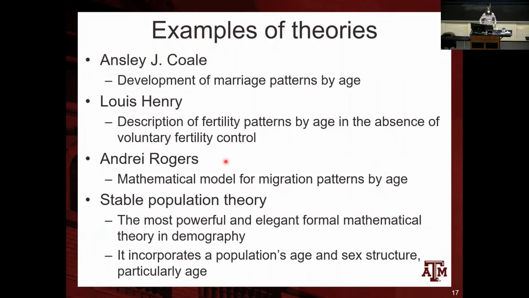There are different theories that try to understand variations of the demographic components by age and sex, such as marriage patterns by age, by Ansley Coale, and the description of fertility patterns by age in the absence of voluntary fertility control. There is a model by Andrew Rogers, who used to be a professor, he retired, at the University of Colorado Boulder.